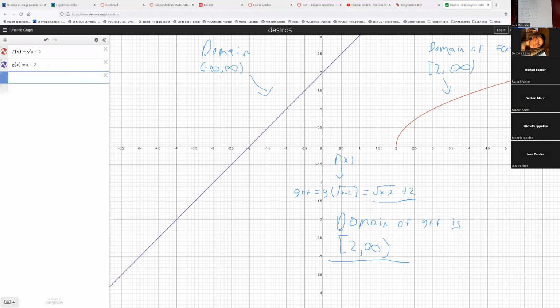If this would have had a new restriction that wasn't there to begin with, then you'd have to combine that with the restriction of the function that went inside this guy right here. Does that make sense? It's hard to explain that. Is it clear?